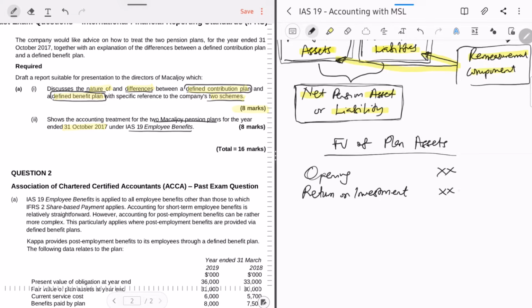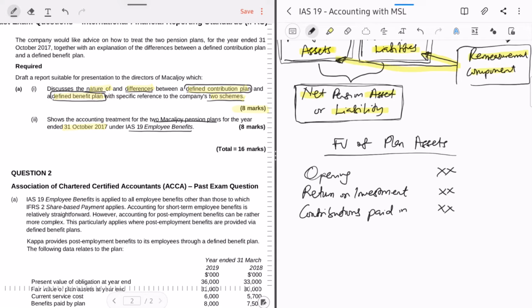So take note, you apply this return on the opening, and it's because companies invest their plan assets to get a return. So you add a return. Then any contributions paid into the fund in the period, you add. So we call this contributions paid in. You add it. So any contributions employees and employers made into the fund for the year, you add.